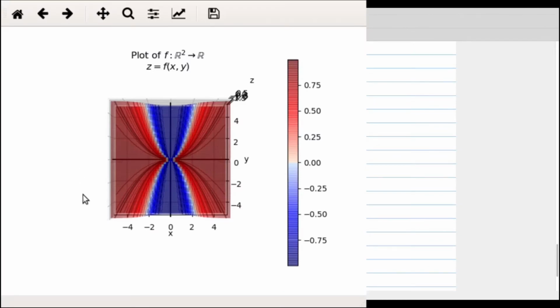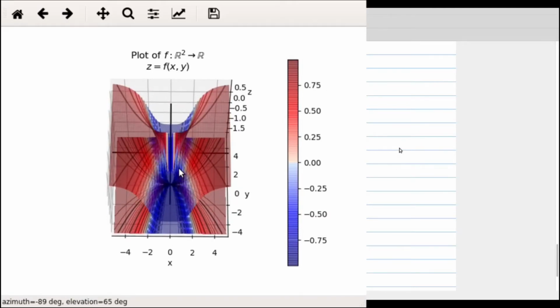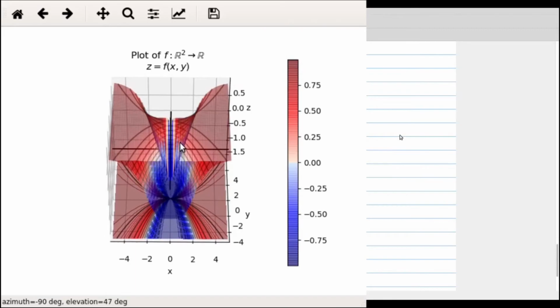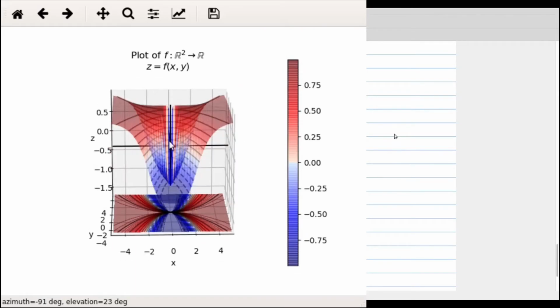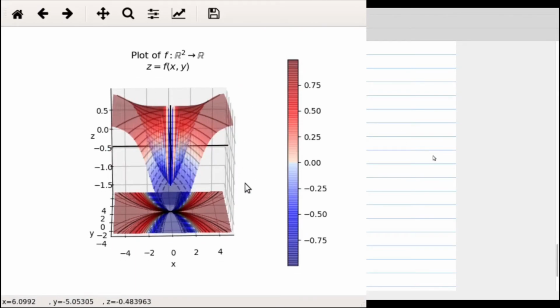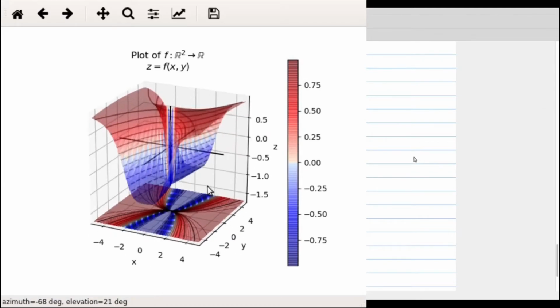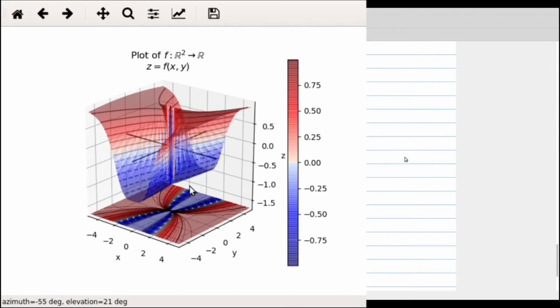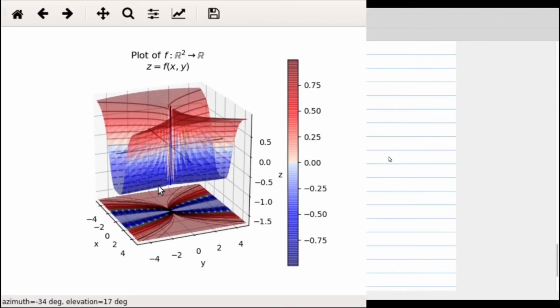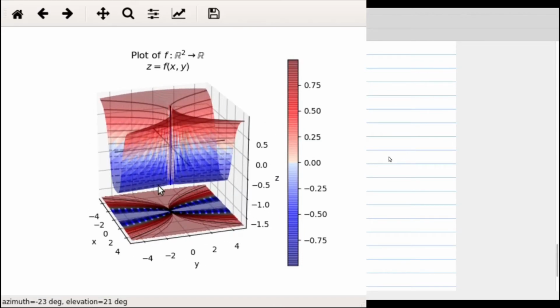This is the plot of the graph of this function. And we see that if we rotate this to see the graph, it looks very, very similar to the other graph. In that, at the origin, there's a problem. It's like a jump almost at the origin, where the level curves of this function are behaving exactly like we predicted from our level curve analysis.